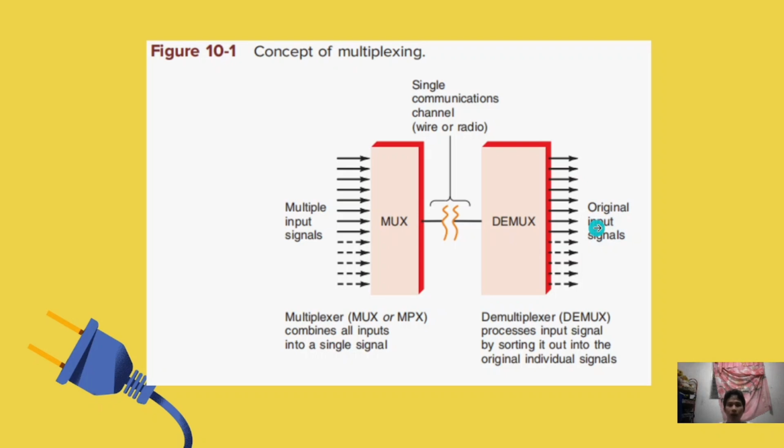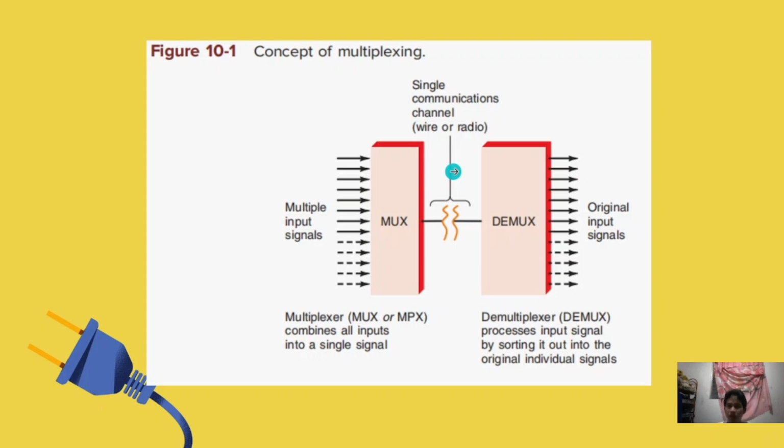Then the concept of multiplexing. The multiplexer, or what we call MUX or MPX, combines all inputs into a single signal, then passes it through the middle, the communication channel, or what we call a single communication channel.